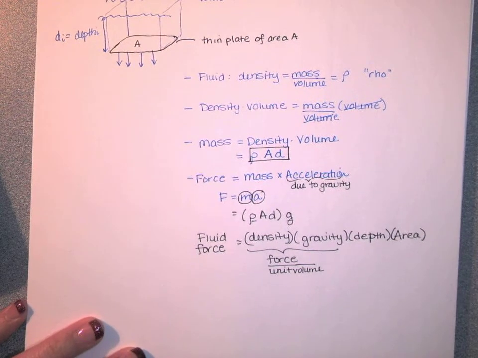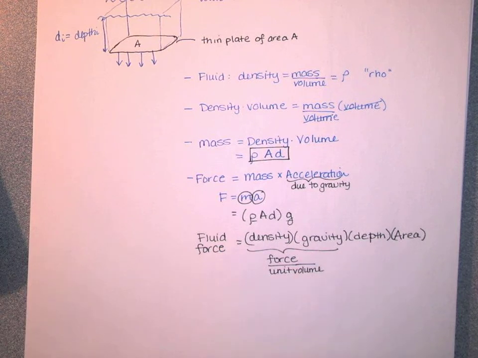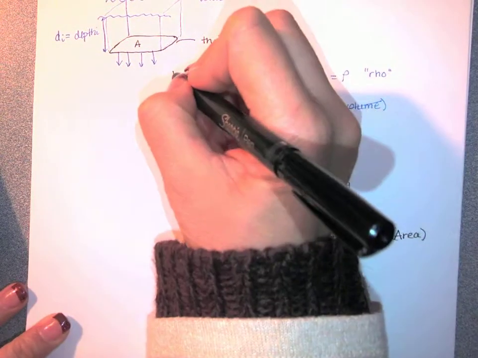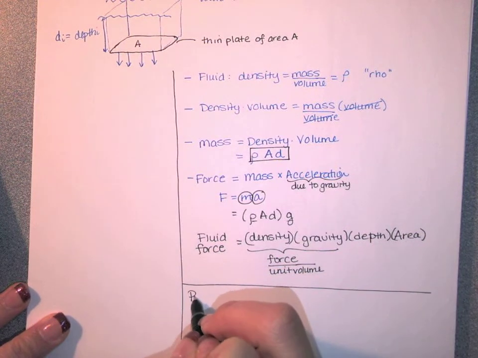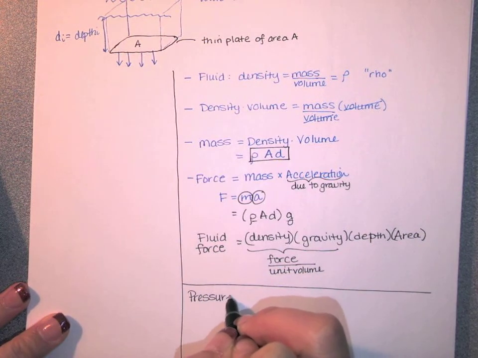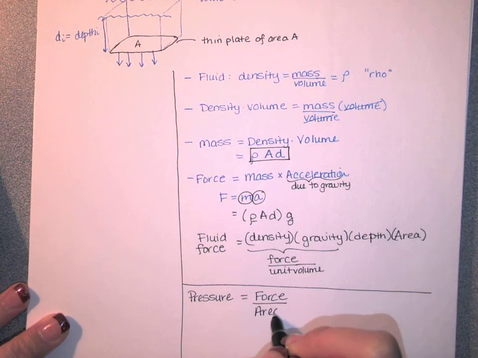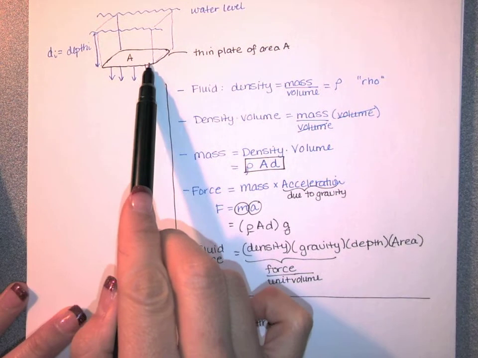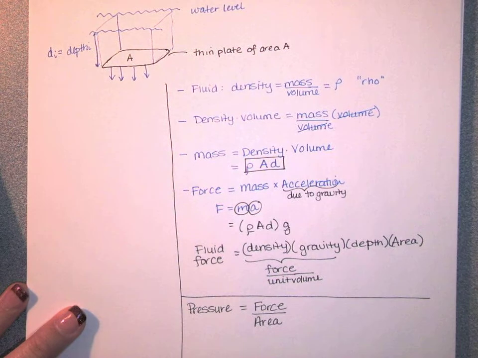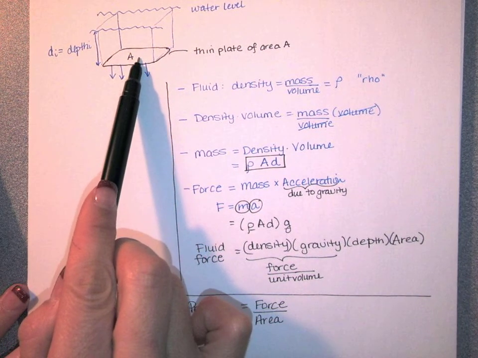So that's fluid force. Now we're going to use this equation to define something called hydrostatic pressure, or pressure due to this fluid. Pressure is defined to be force per unit area. And I think that makes intuitive sense. Force is just some measure of the amount of push or pull that's acting on A. And if I'm talking about pressure, I want to know how much force is acting per unit area.